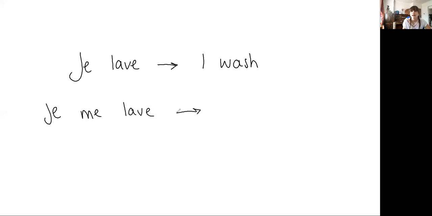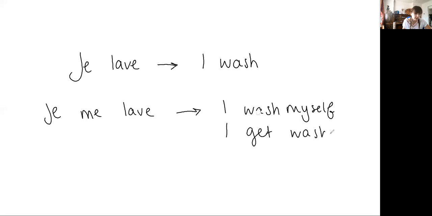It means I wash myself or I get washed or cleaned. That's how you actually make a reflexive verb. You add this little pronoun in the middle, between the subject and the verb.